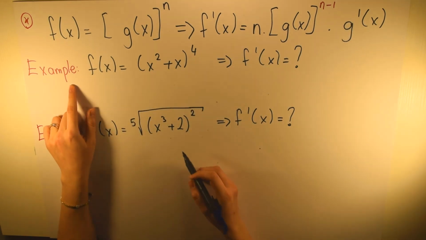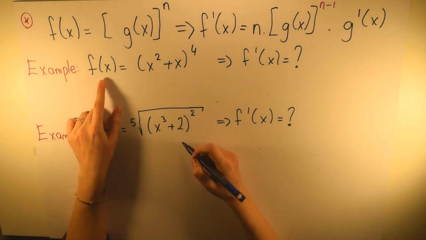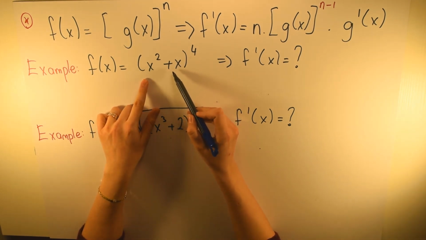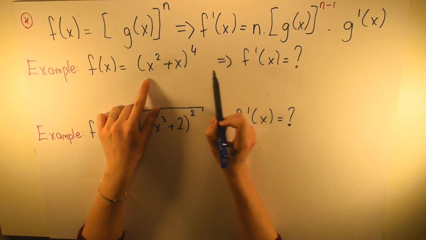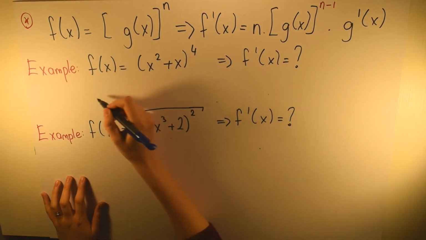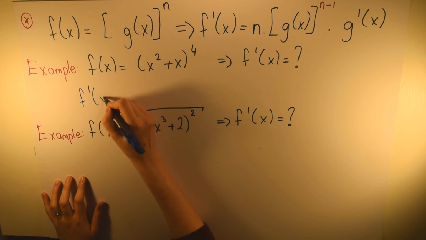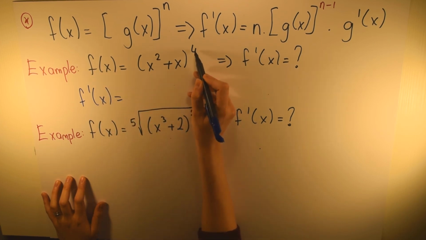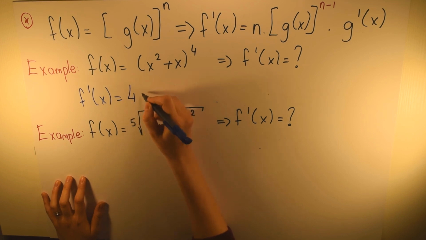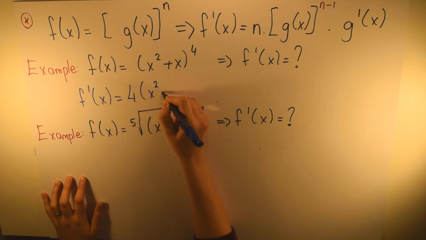So let's look at this example. Here it says f of x is equal to x squared plus x, to the power of 4. So what is its derivative? So how do we do that? First, let's write down here. First you put this 4 in front of this expression, okay? So it will be 4 times x squared plus x.